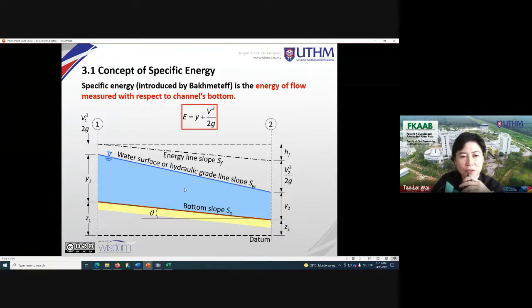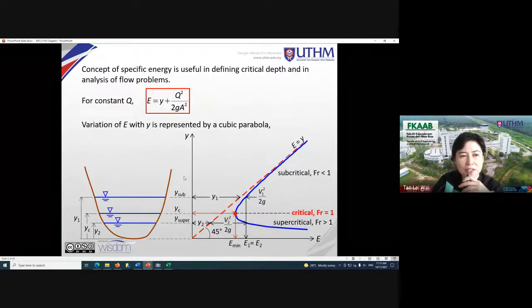You have three terms, basically, in your pipe flow. Now, what is the use of the concept of specific energy? It is used to define critical depth as well as to analyze flow problems, which we are going to use later.